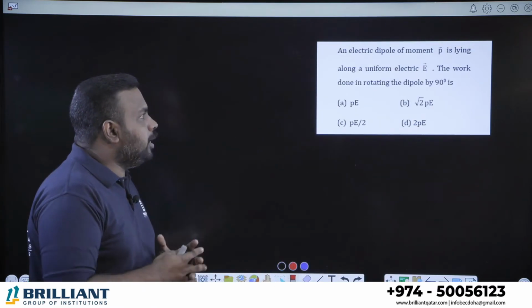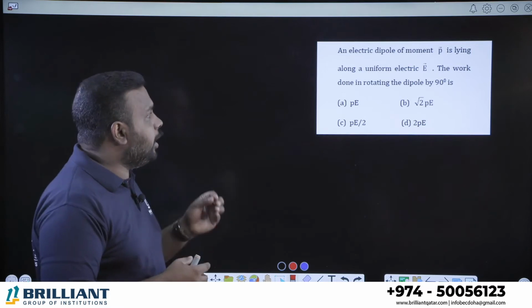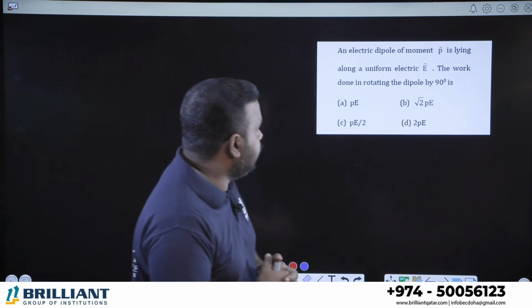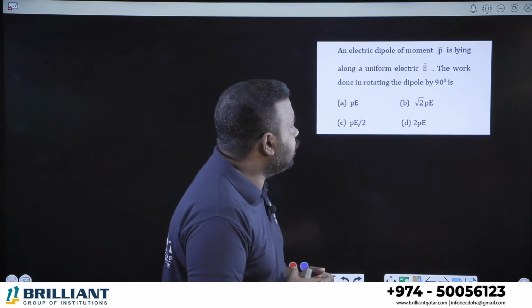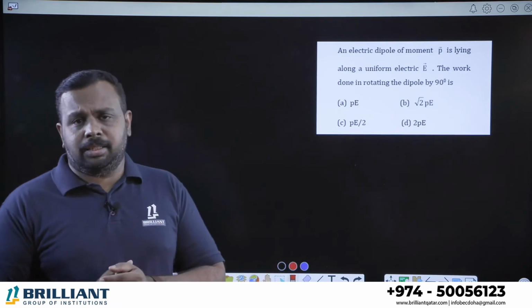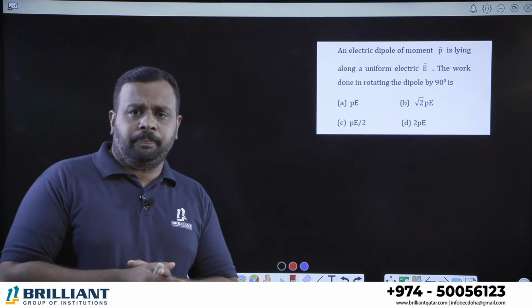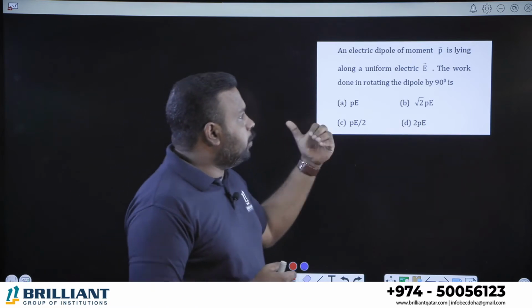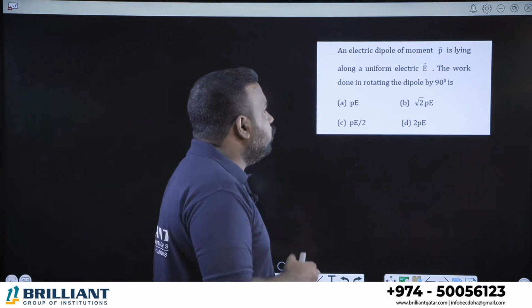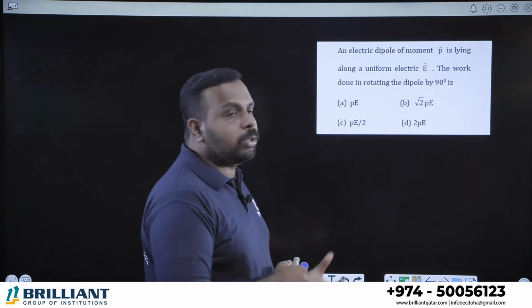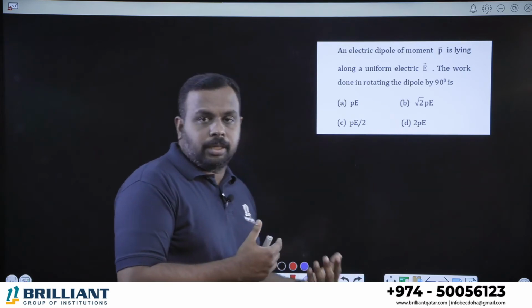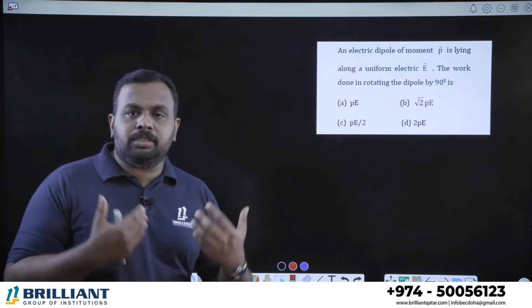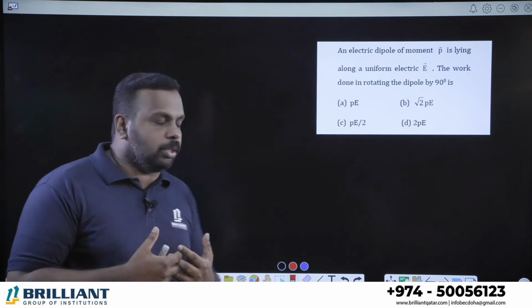An electric dipole of moment P is lying along a uniform electric field E. The work done in rotating the dipole by 90 degree. Clear? Numerical. There is a direct formula for finding work done in rotating a dipole.